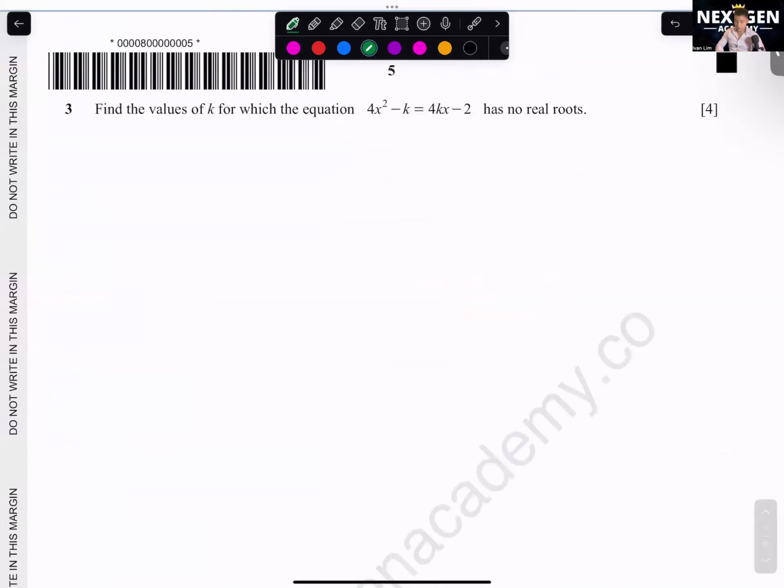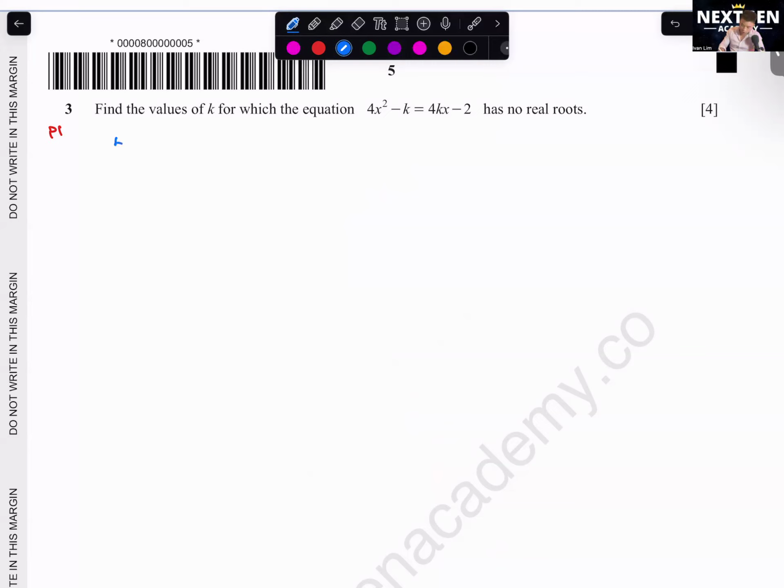Find the values of k for which the equation 4x squared minus k equals 4kx minus 2 has no real roots. This one is paper 1, an easy question. No real roots means b squared minus 4ac is less than 0. So we first rearrange the equation to ax squared plus bx plus c.